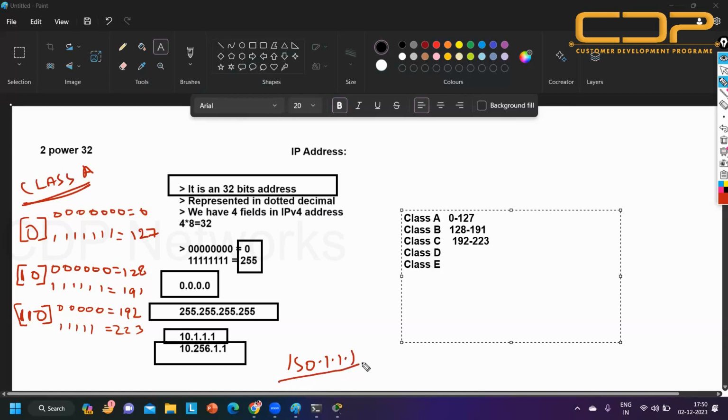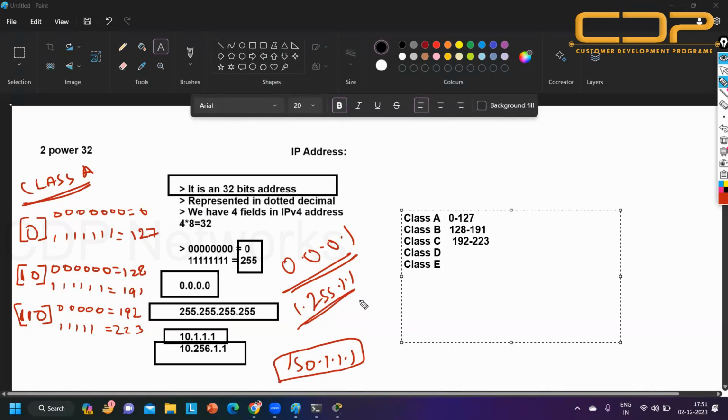Which class does this IP address belong to? Class B, very good. Which class does 0.0.0.1 belong to? Class A. And 1.255.1.1, which class does this belong to? Not class B. Why class B, brother?